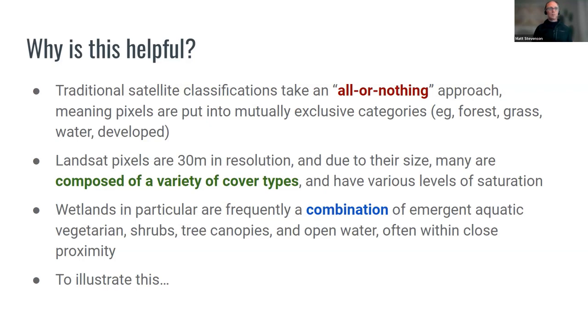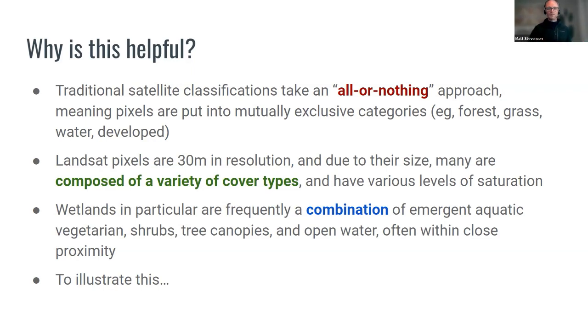That's a pretty chunky pixel. And therefore, the typical Landsat pixel is composed of a wide variety of cover types, which have various levels of saturation. So wetlands in particular, as you all know, are frequently a mix of emergent vegetation, shrubs, tree canopy, open water, and they're usually interdigitated really close together.